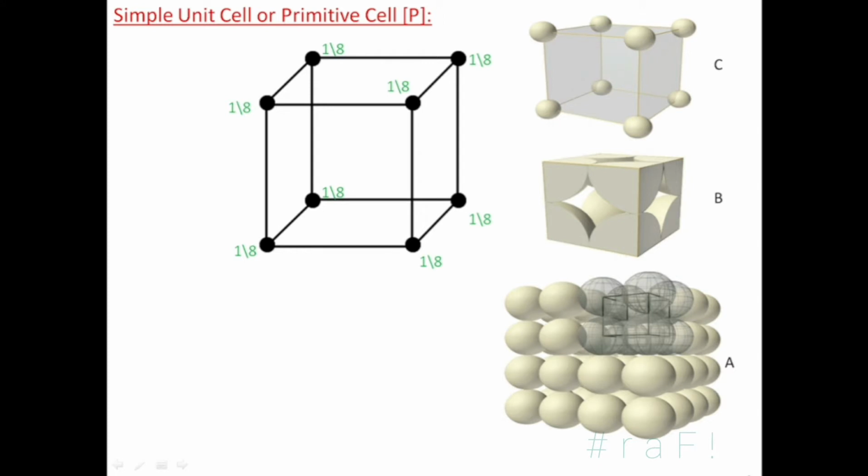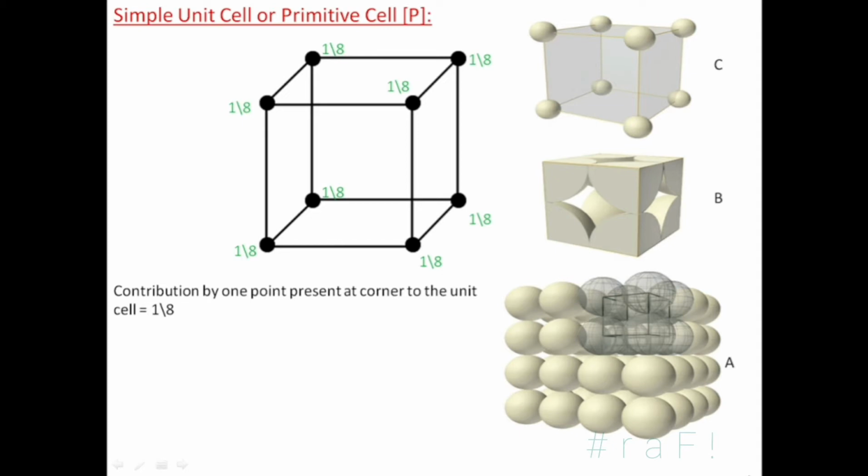And they also contain 1/8 atom at the corners. See this in figure B, how much part of an element is present at the corners of the unit cell. Now calculate the number of atoms in the unit cell.